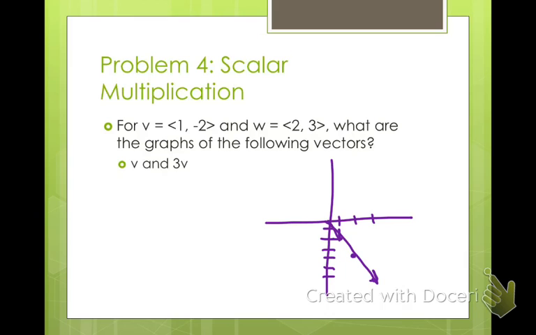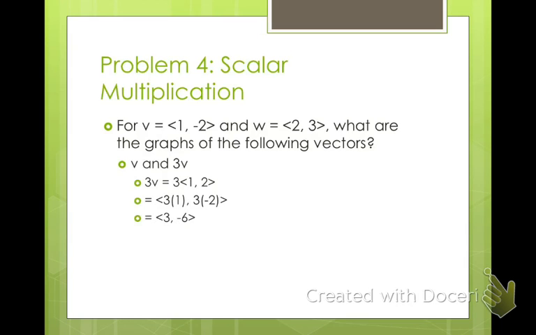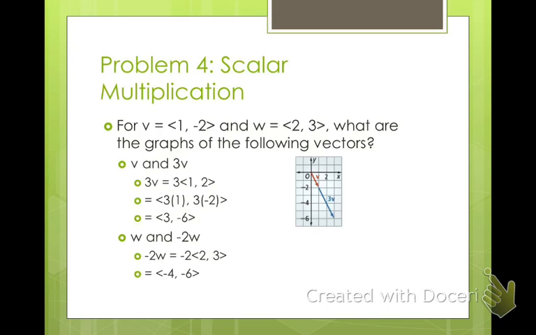So we're making it 3 times as long. So there's the graph of that vector. And as you can see, they both ended on (3, -6). So for -2, you just multiply -2 to each of the values, and there's that one. Instead of going up and to the right, it goes down to the left.